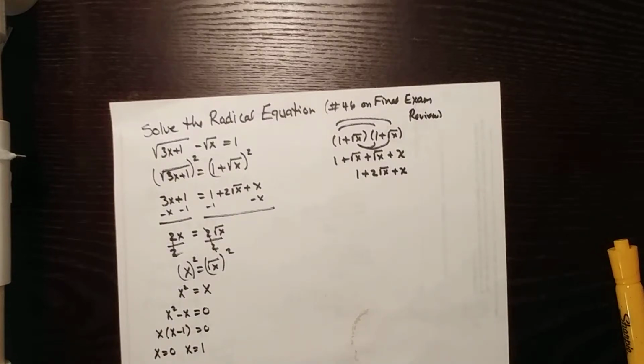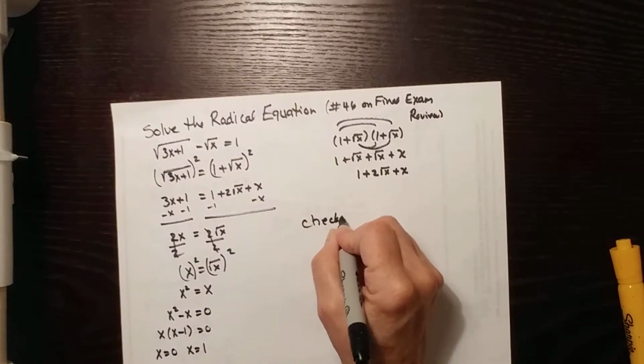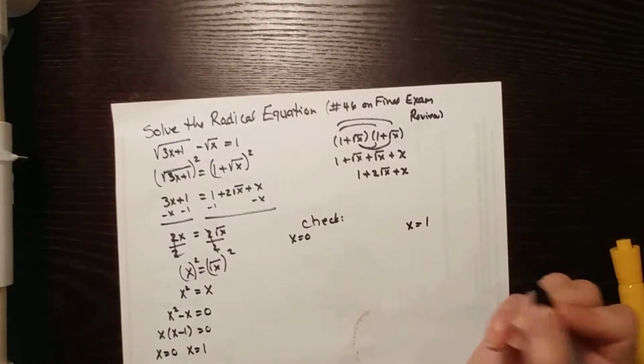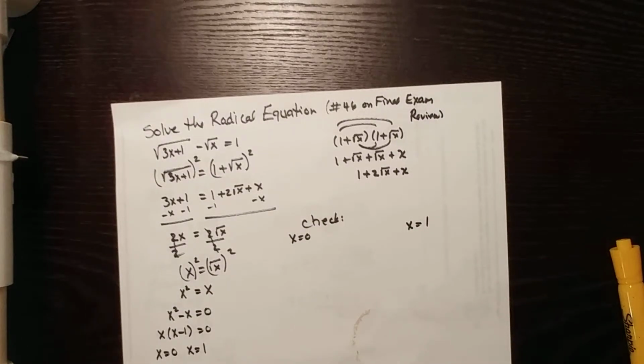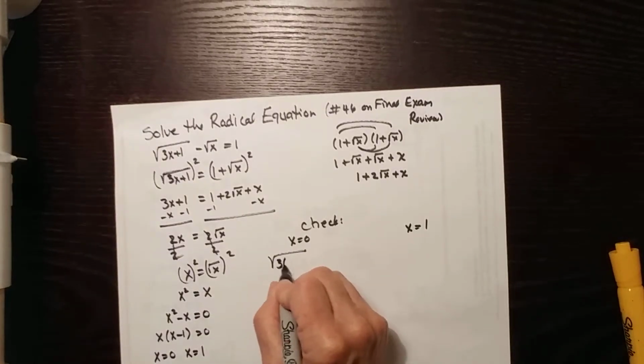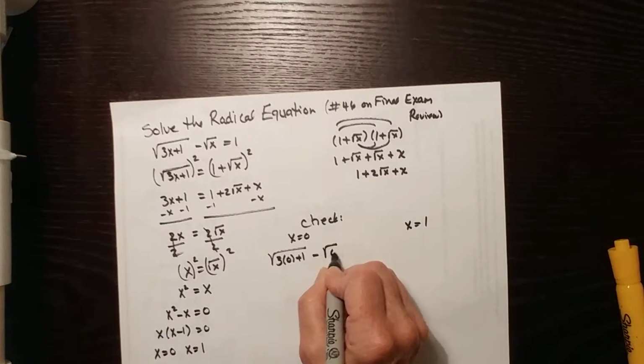Now, the index was even, and so that means I definitely need to check to make sure I have good answers. Here's my check for x is 0, and here's my check for x is 1. You plug it into the original equation and see what you get. So, for x is 0, the square root of 3 times 0 plus 1 minus the square root of 0.